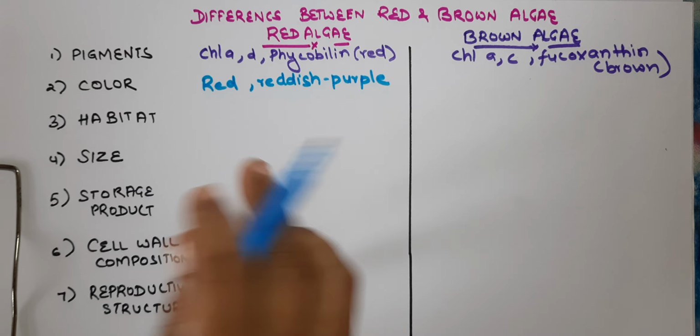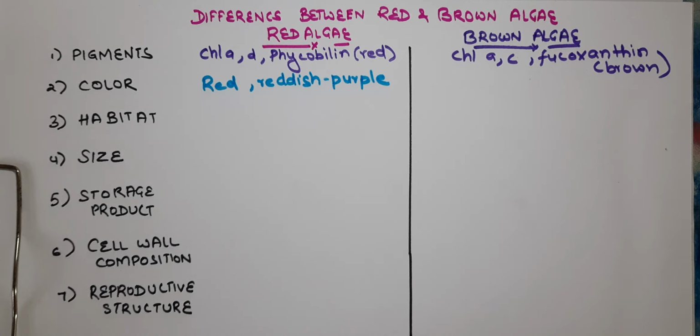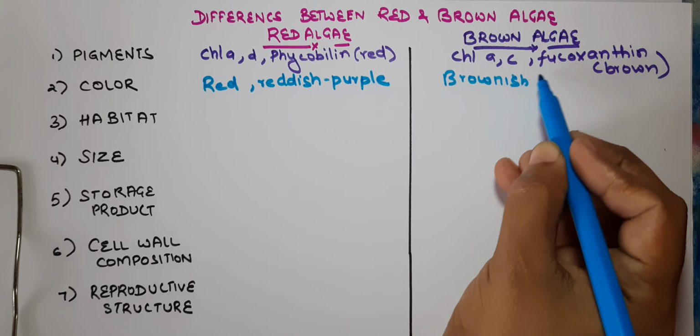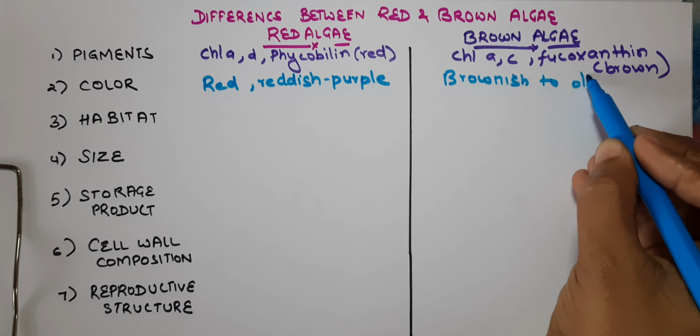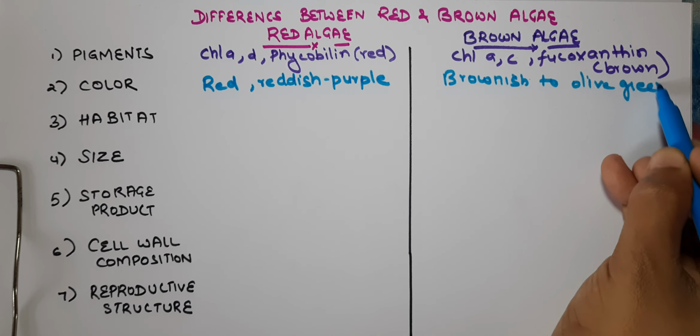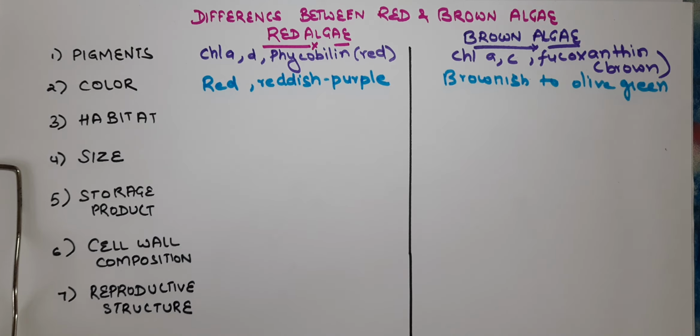So the color ranges from red to reddish purple, and the color for the brown algae will range from brownish to olive green. Okay, and this is due to the presence of fucoxanthin.